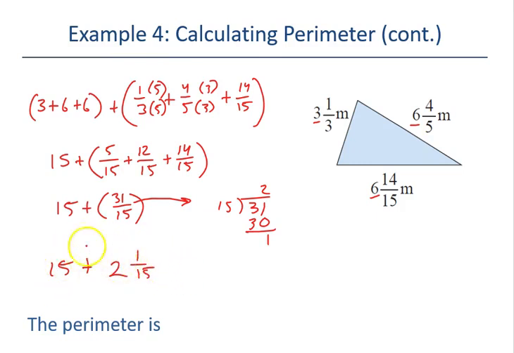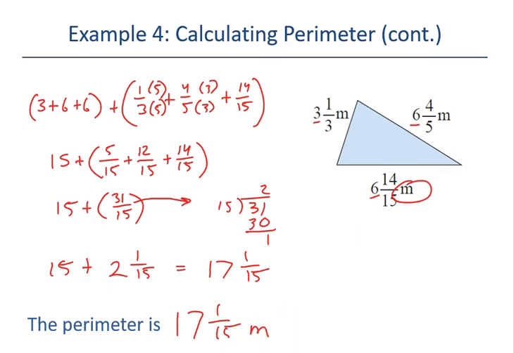Well, I can just add this whole number right here, straight to it. And that's going to give me 17 and 1/15. And so my perimeter, when it's all said and done, is going to be 17 and 1/15. Don't forget your units.